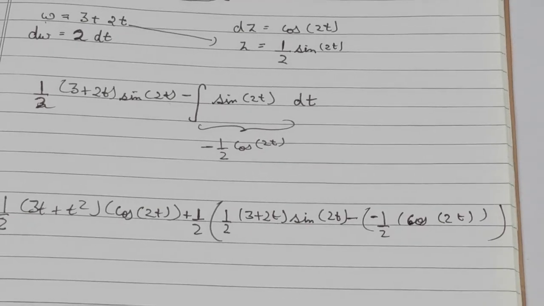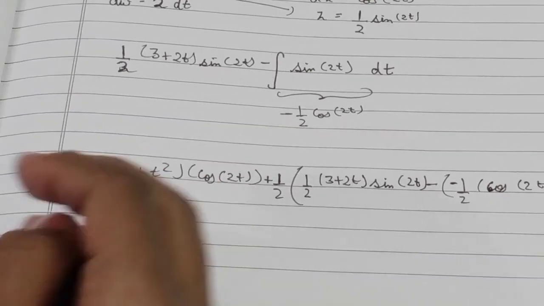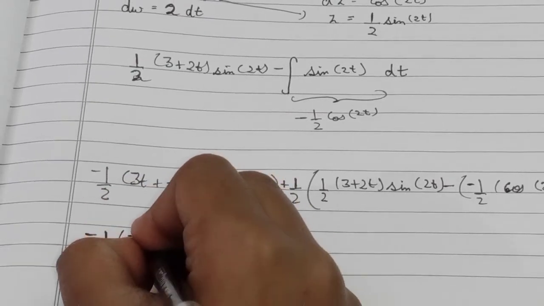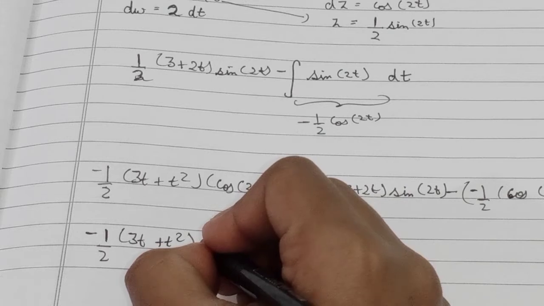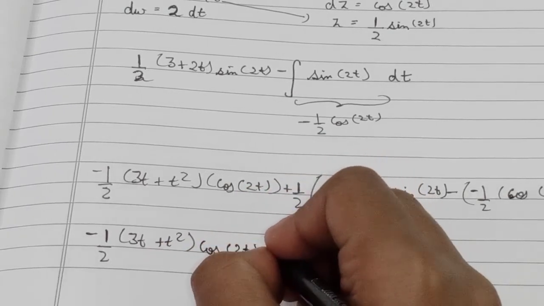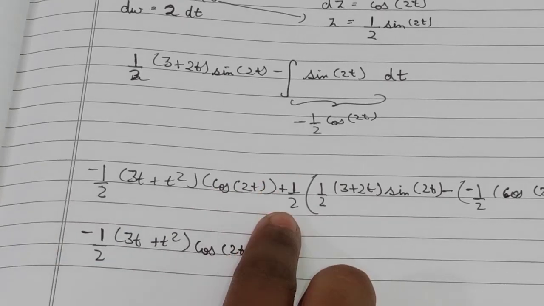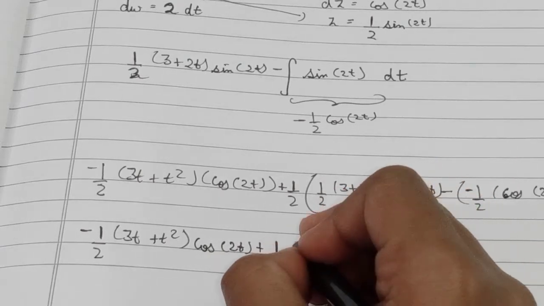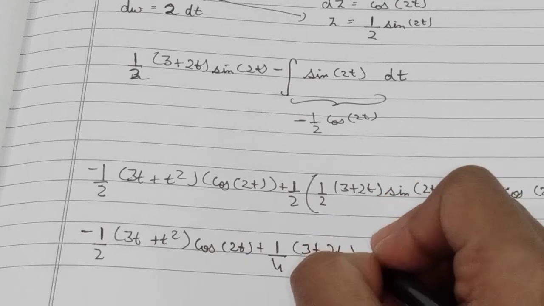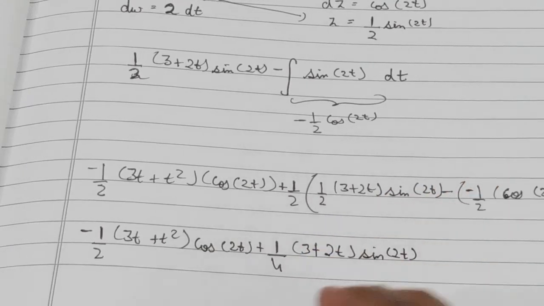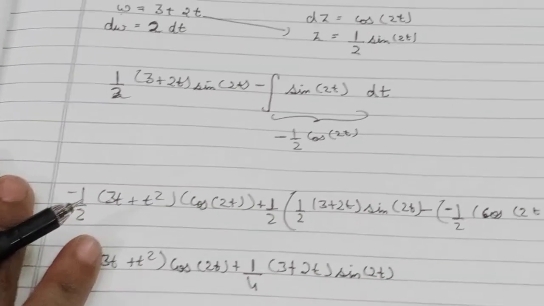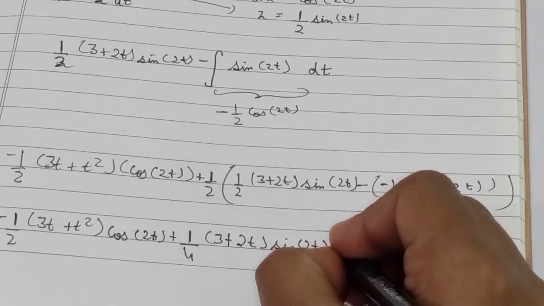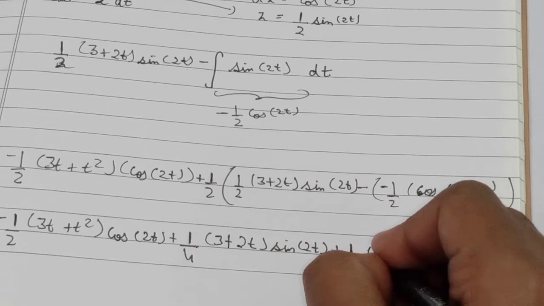Now if we simplify this, we get negative 1/2 into (3t + t²) into cosine of 2t, plus 1/2 into 1/2, that's 1/4, so this will be 1/4 into (3 + 2t) into sine of 2t, and 1/2 into minus, so we'll get minus 1/2, but minus into minus is a positive, so this will be positive 1/4 of cosine 2t.